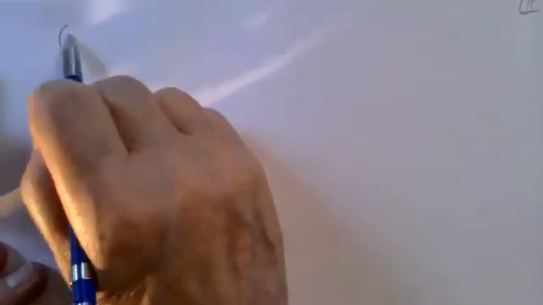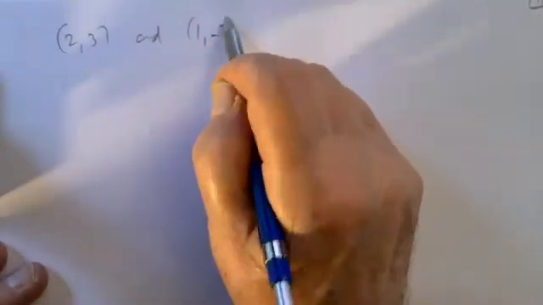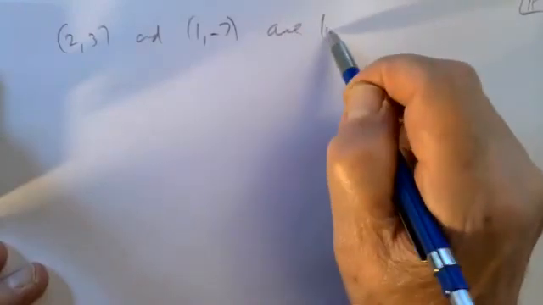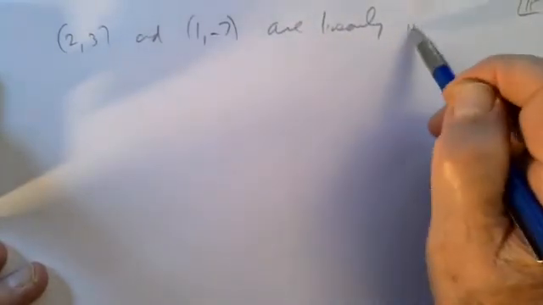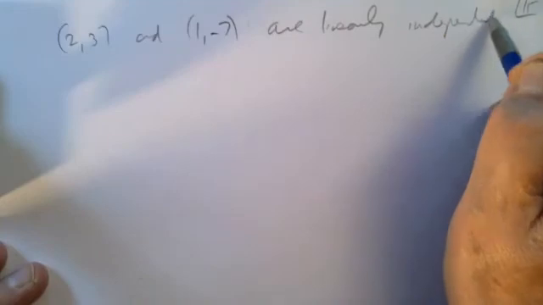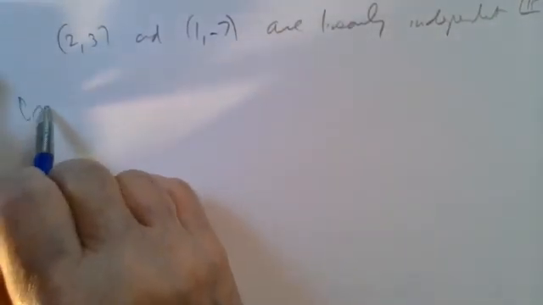Yeah, let's look at some examples. I claim that the vectors (2, 3) and (1, -7) are linearly independent. Proof.